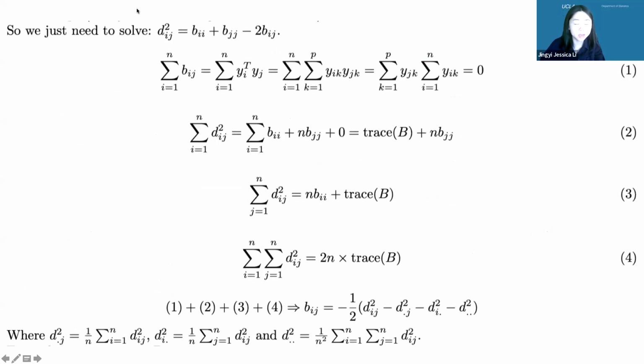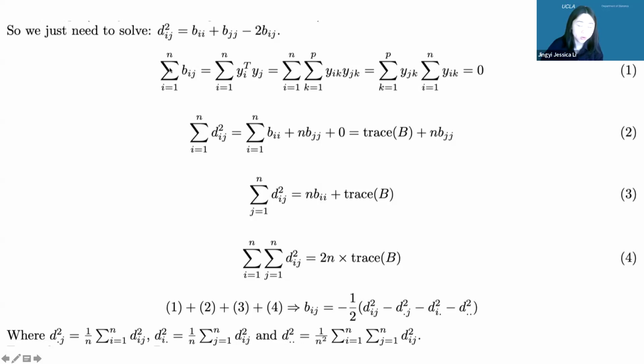Here is a bunch of math just to help us understand what's going on, which I think is crucial if you really want to understand MDS. We can come up with 4 equations to help us solve B from D. First, the centering I just introduced makes things much simpler, because for each k, the sum over i from 1 to n of yik is 0.